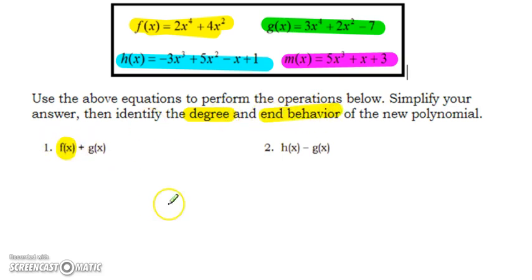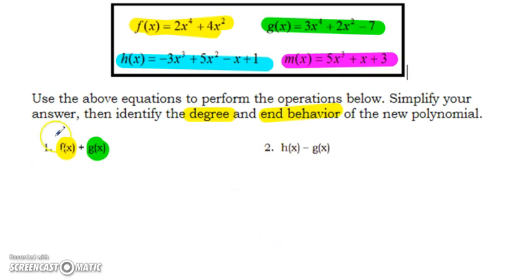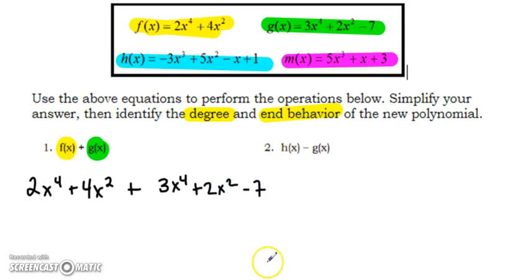The first thing we're going to do is take f of x and add it to g of x, okay? This first part is kind of like substitution. We're just going to rewrite f of x, so it looks like 2x to the fourth plus 4x squared. Okay, that's our first function, and we're going to add it to g of x, so 3x to the fourth plus 2x squared minus 7.